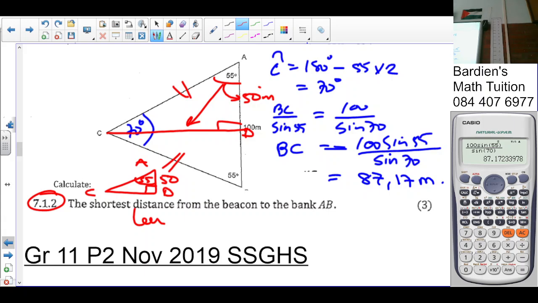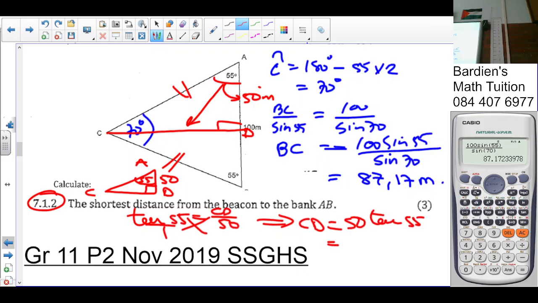Which trigonometric function is opposite over adjacent? Tan, yes. Tan 55 equals opposite CD over 50. Cross multiply, which implies that CD is equal to 50 tan 55. That gives us 71,41 meters.